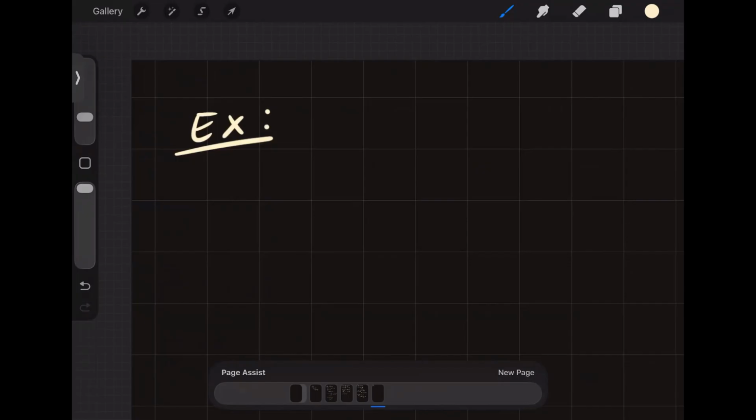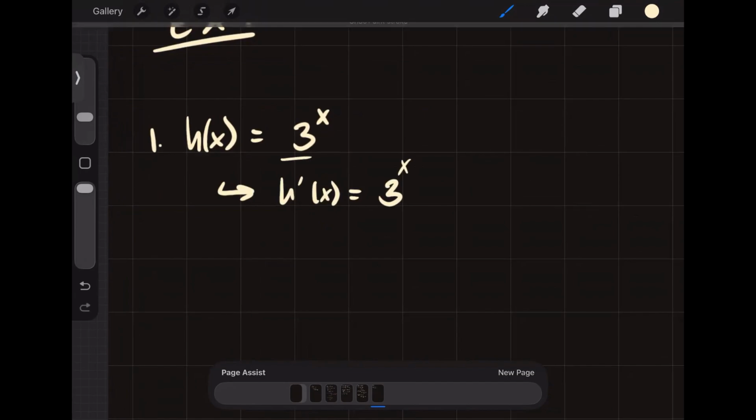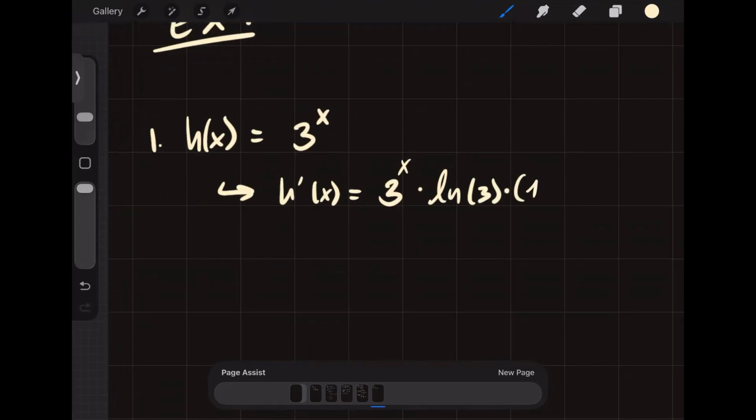So let's say h of x is equal to 3 to the x, right? Then h prime of x should be, well, a to the u times ln of a times the derivative of u, which is 1.